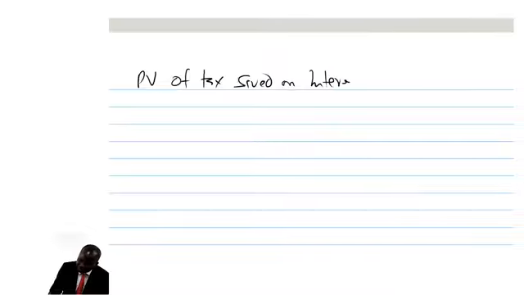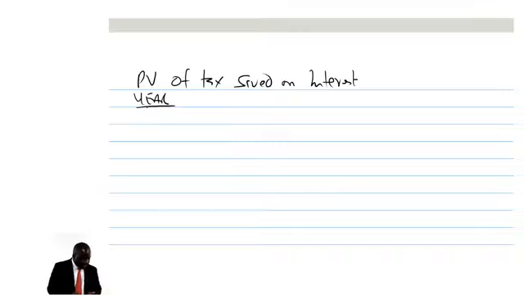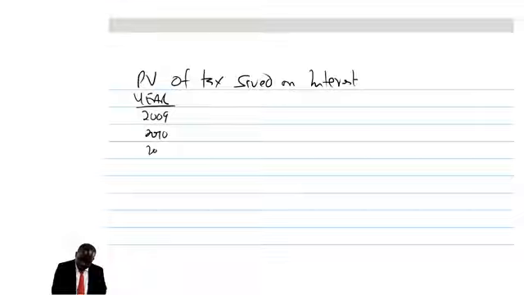Because there is no issue cost or subsidized loan, I will say PV of tax saved on interest. I come out with the years the interests are supposed to be. If you read the question, it is telling us the interest is paid in 2009, 2010, 2011, 2012 up till 2013.